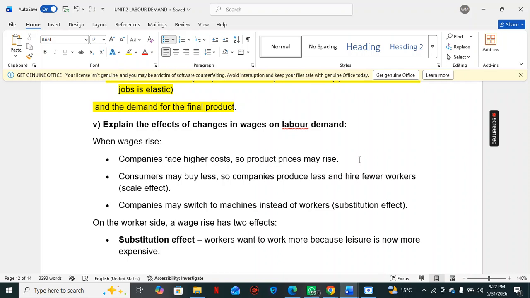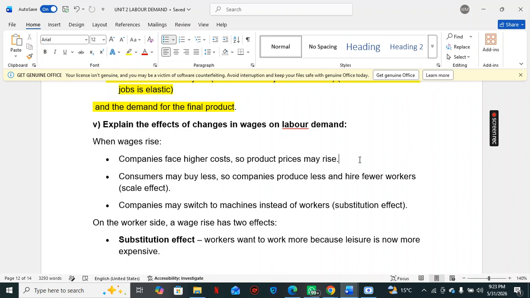So when wages rise, there are higher costs for a business. For a company to remain profitable, and not lay off any workers and maintain productivity, they will increase the price of the product.